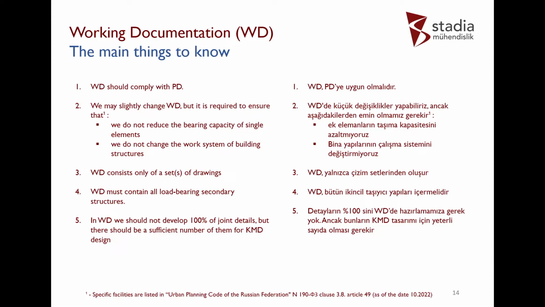We need to design in the model at least the most important joint details, for example, 70-80% of all joint details. Make drawings for them, and all other 20%, which are not too much loaded, could be designed by KMG designers.